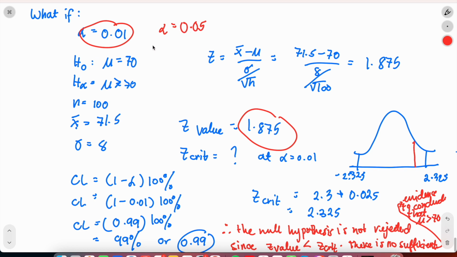But if you're asking if 99% sure, no, you don't have enough evidence to say that at 99% level of confidence. You can say that at 95% level of confidence, but not at 99% level. So that's the implication here.